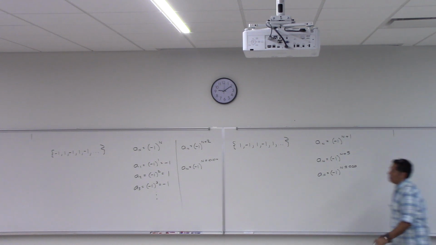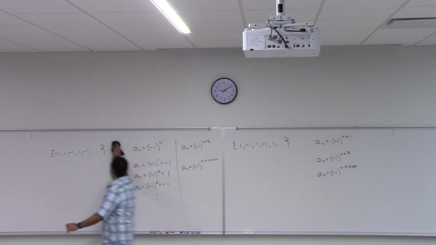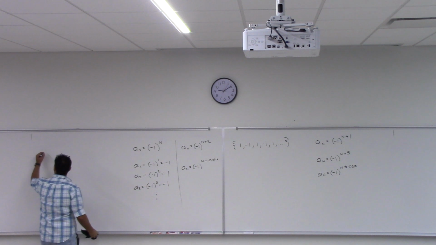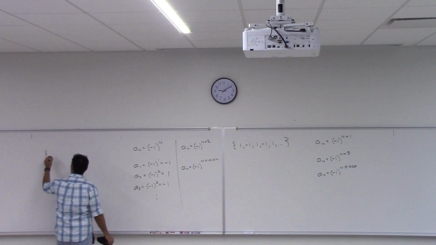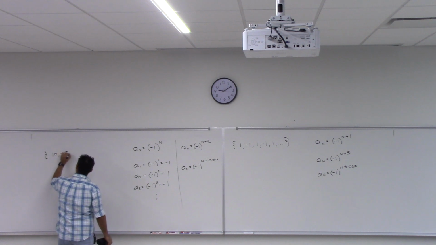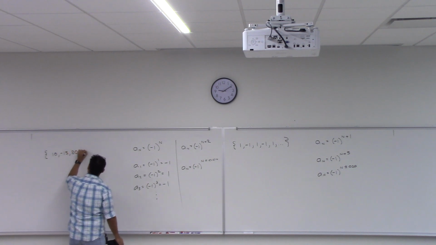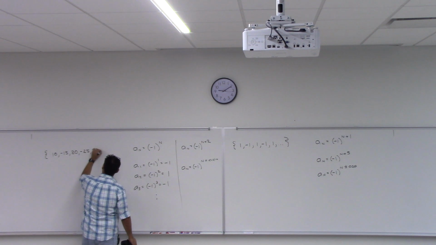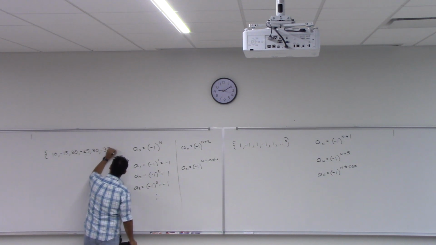Okay, so let's try this. 10, -15, 20, -25, 30, -35. You get the idea, I think.